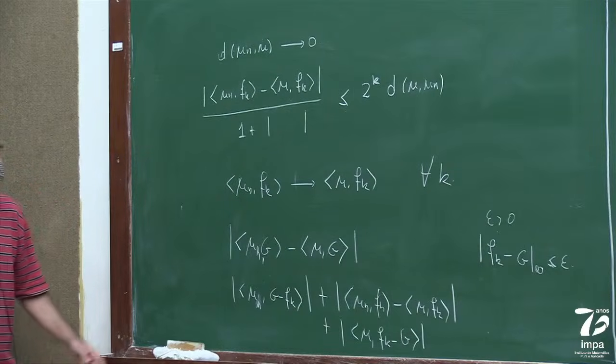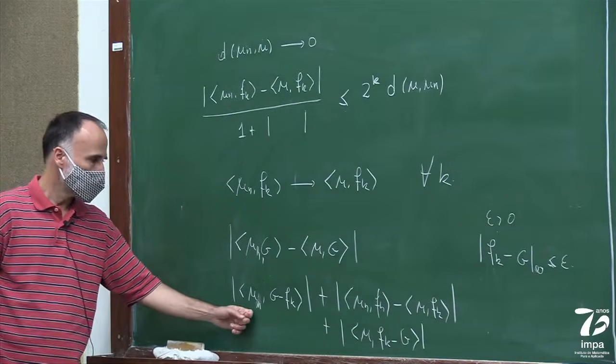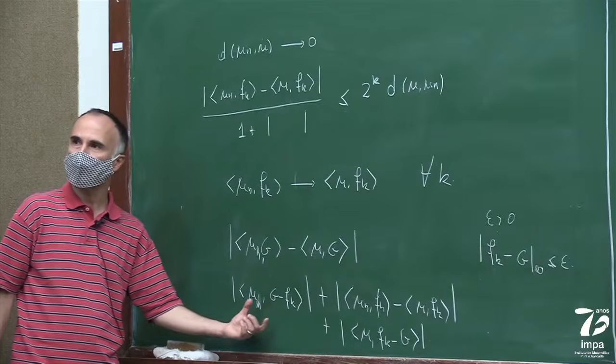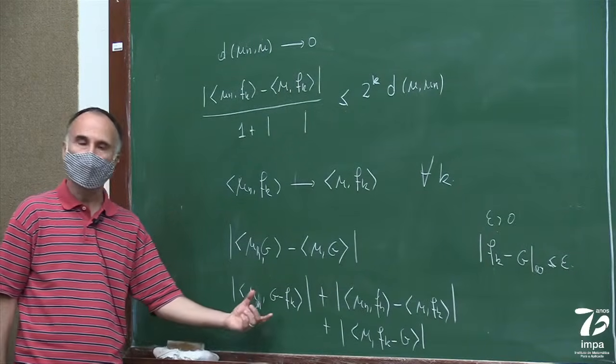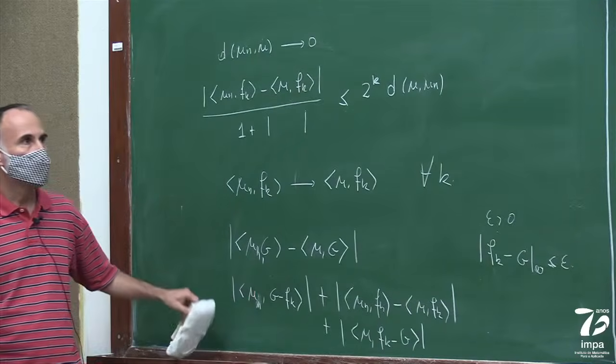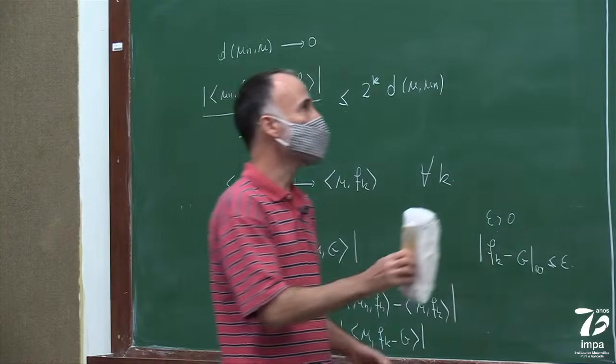So remember, this represents the integral of g minus f_k with respect to mu_n. But now I can bound this integral by the L infinity norm.